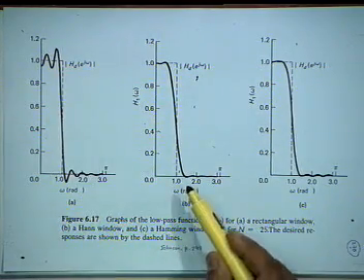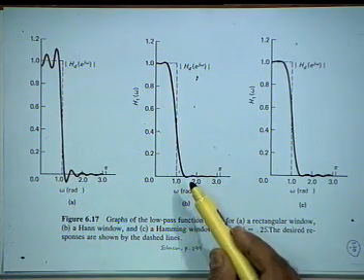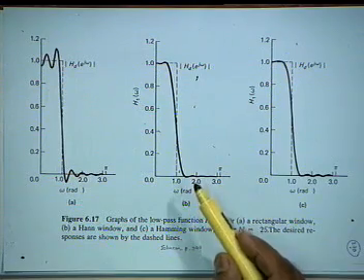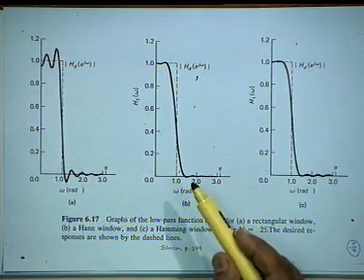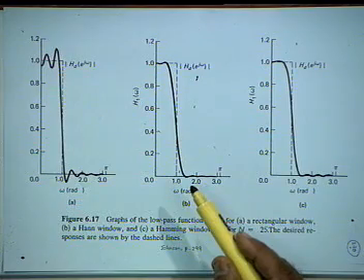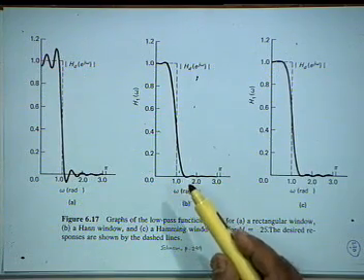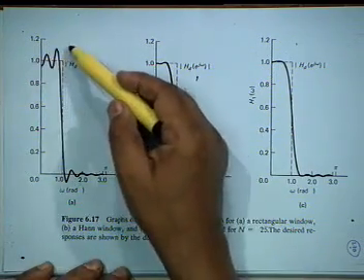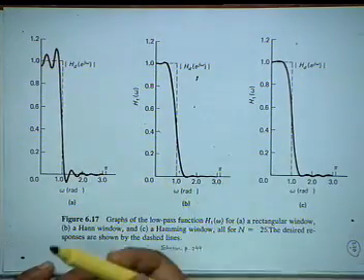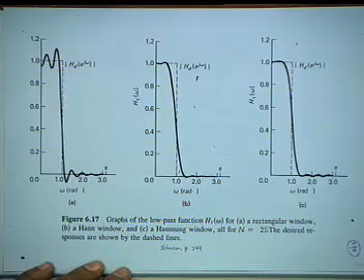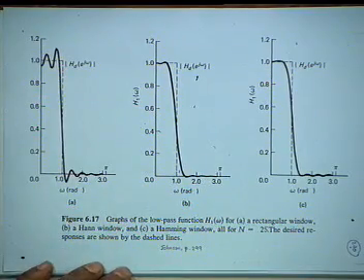The amplitude of the ripples now shall go down as capital N increases, because the transition is not abrupt, the transition is smoother than in the rectangular window. In the rectangular window, however much you increase the length, this would be 1.178, 17.8%.